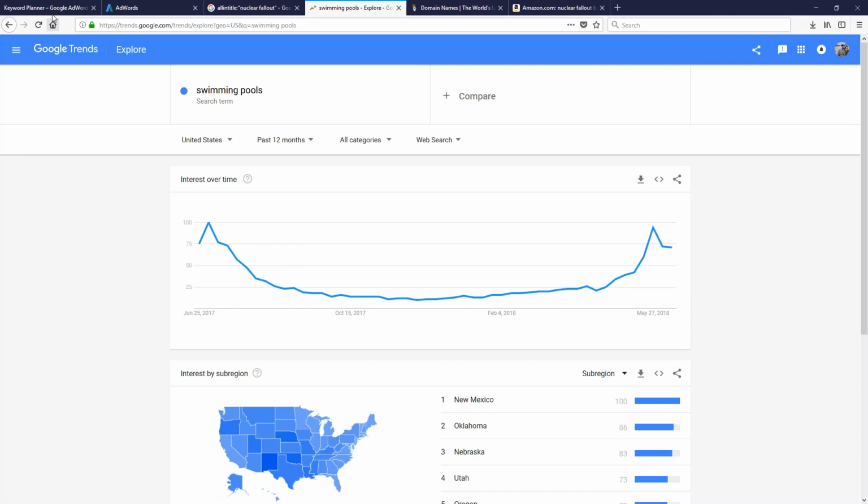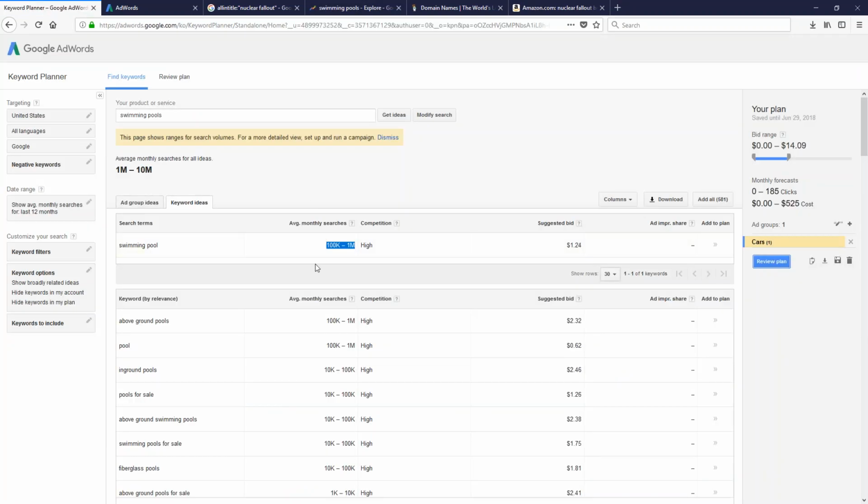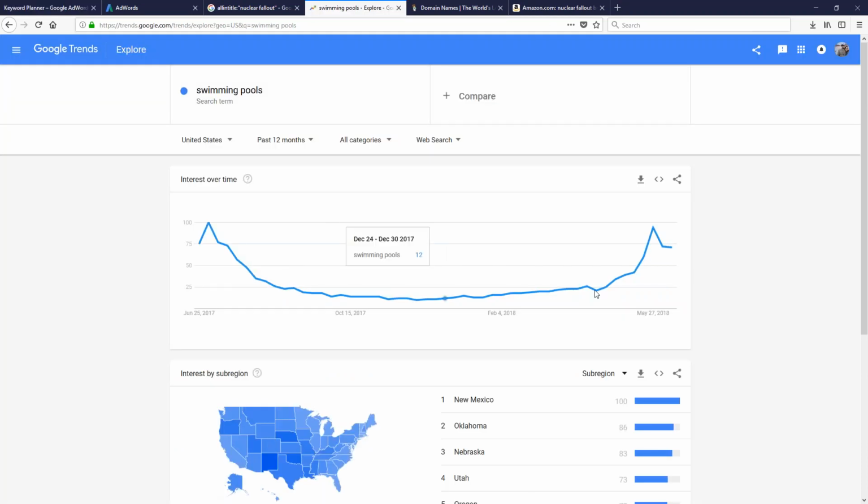Now, this number, this average monthly searches here on Google, is exactly what it says. It's the average of each month over the past 12 months. So when we look at an entire year's worth of data, that million would be kind of a center line.